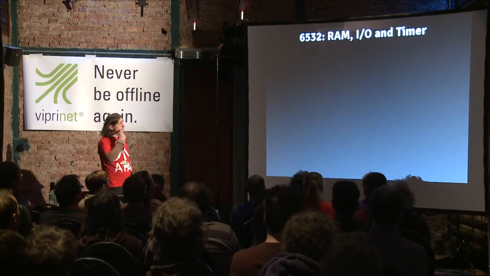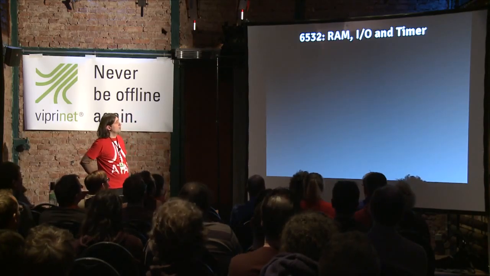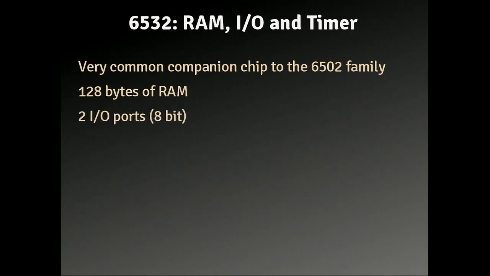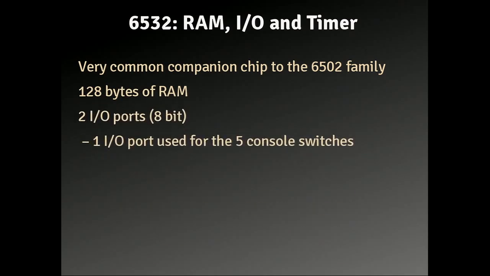So let's look at the RAM, I/O, and timer, short RIOT. It's a very common companion chip for the 6502 family, especially in the beginning. It features 128 bytes of RAM. It's all the RAM that's really inside the console. You've got 2 I/O ports that are 8-bit wide. One is used for the 5 console switches.